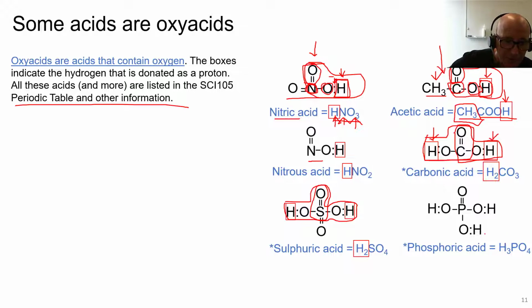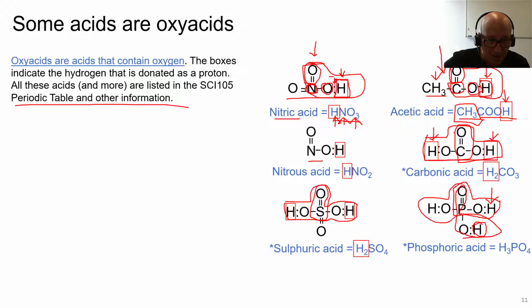Now, this one's interesting because this occurs a lot in biological systems and in things like DNA and RNA, etc., which I'm sure you've heard of. So this guy here has got that arrangement there, so I can give up this as a proton. Similarly here, so I can give up this as a proton, and similarly here, it can give up this as a proton.